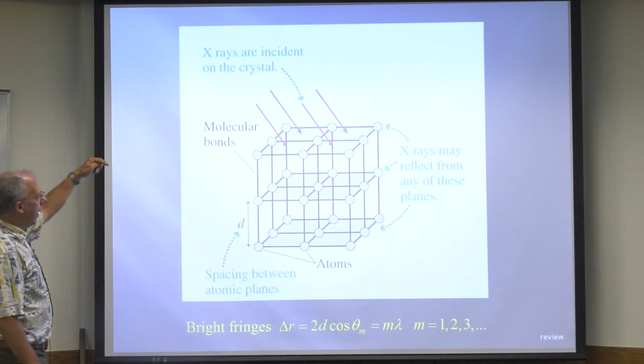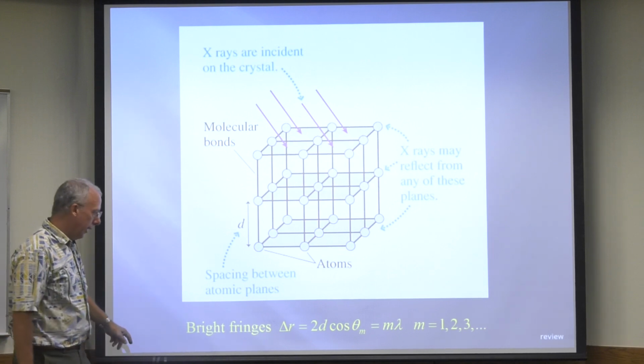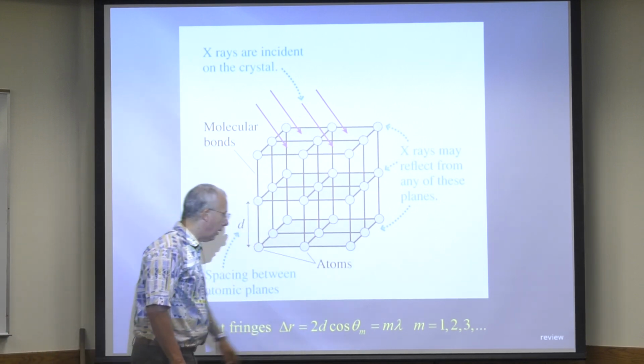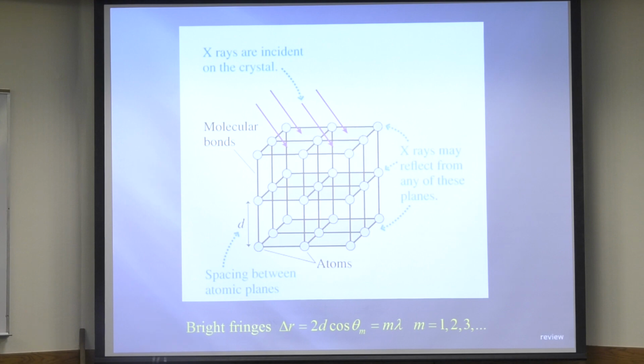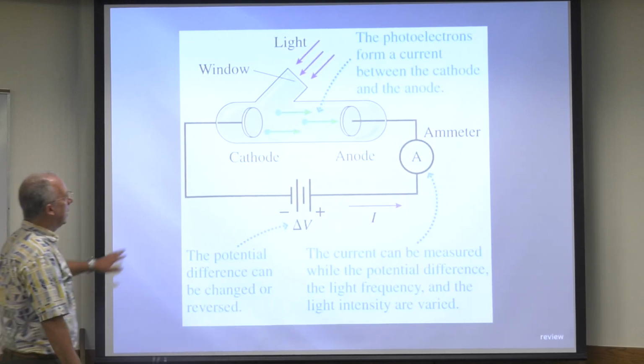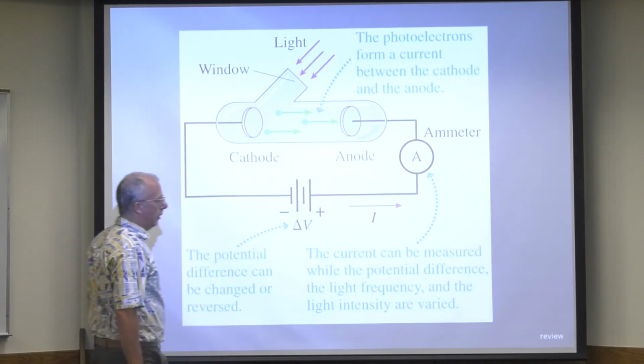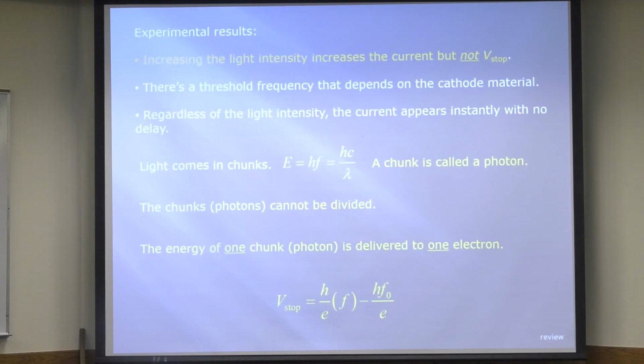X-ray diffraction, you shoot X-rays in, you see the diffraction patterns, and you can figure out the spacing between the planes of atoms. Pretty cool. The photoelectric effect, instead of heating this thing up to eject the electrons, you just use light.